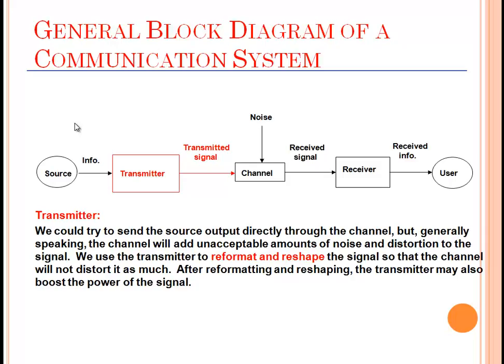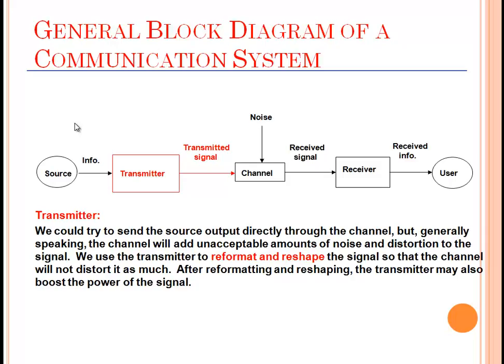So in order to overcome some percentage of noise and distortion, we use a transmitter to reformat and reshape the signal so that the channel will not distort it as much. Although there may be some effect of noise, that effect is very minimum, very little. After reformatting and reshaping, the transmitter may also boost the power of the signal.